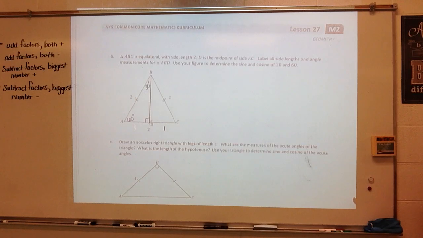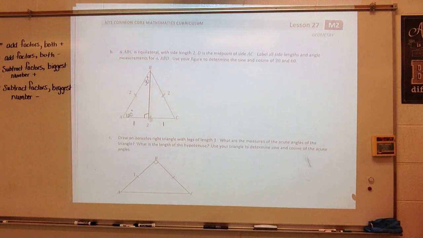So, let's talk about finding the length of this, because that's really the only other thing that I need to find the length of. Because whatever this side is, this side is going to be the same thing.